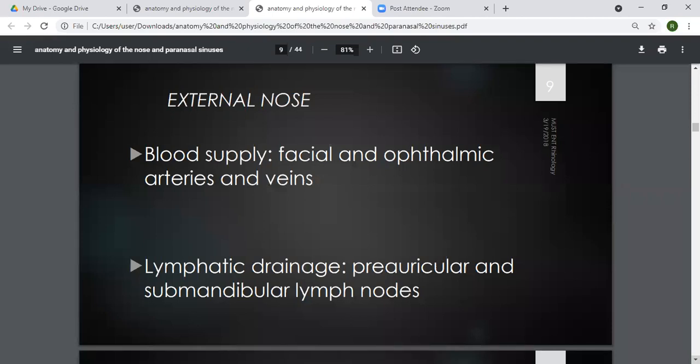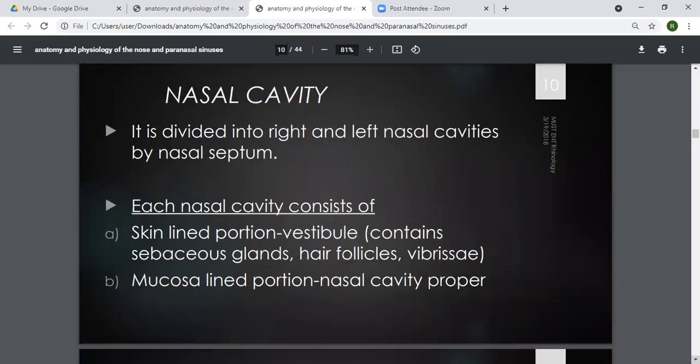Lymphatic drainage is via the preauricular and submandibular lymph nodes. I hope we all have an idea where these are. The preauricular, as the name states, are anterior to the external ear, and the submandibular lymph nodes are in the submandibular region. So we shall go to the nasal cavity.